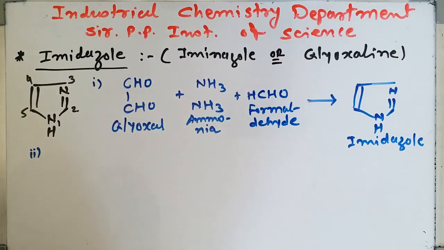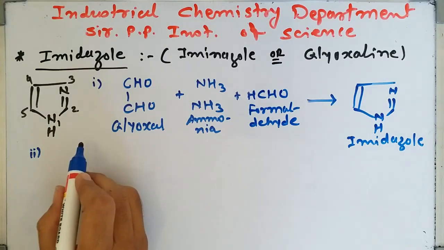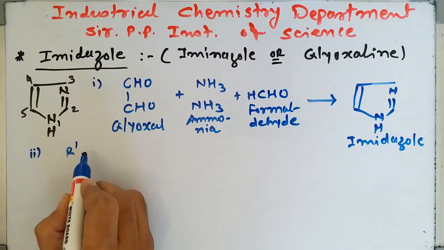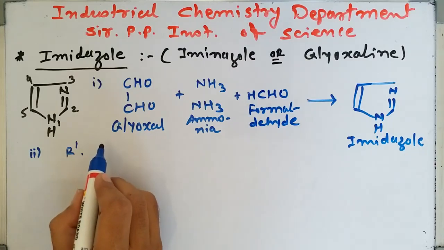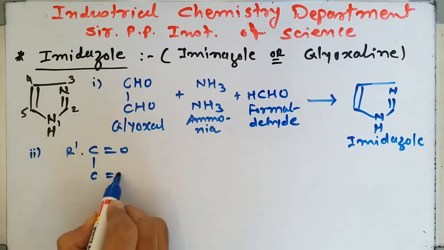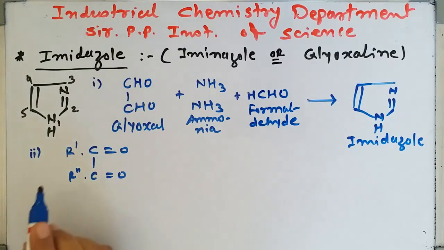Here we wrote formaldehyde, but it can be any other 1,2-diketo compound, as for example R'-C=O, C=O-R''. This is a 1,2-diketo compound.